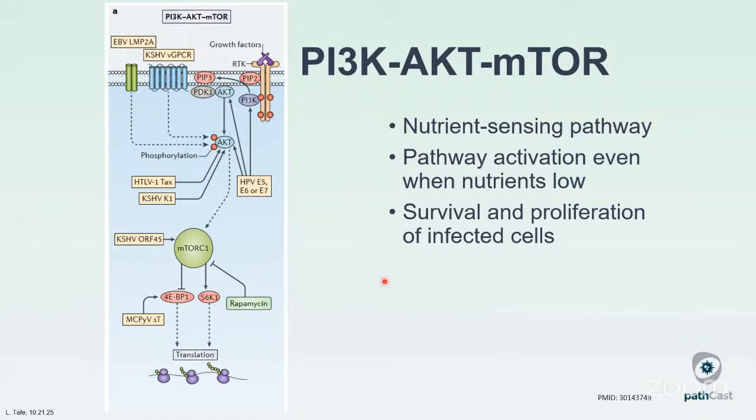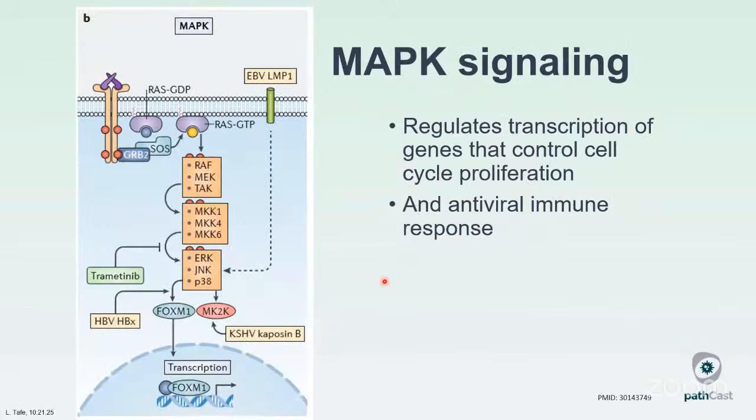For instance, we hear about PI3 kinase quite often in a number of cancers, and this plays a role in viral oncogenesis. This is a nutrient sensing pathway, and the pathway becomes activated even when nutrients are low, which leads to increased survival and proliferation of infected cells. The MAP kinase signaling pathway is so important for a number of tumors, and indeed various viruses take advantage of this pathway as well.